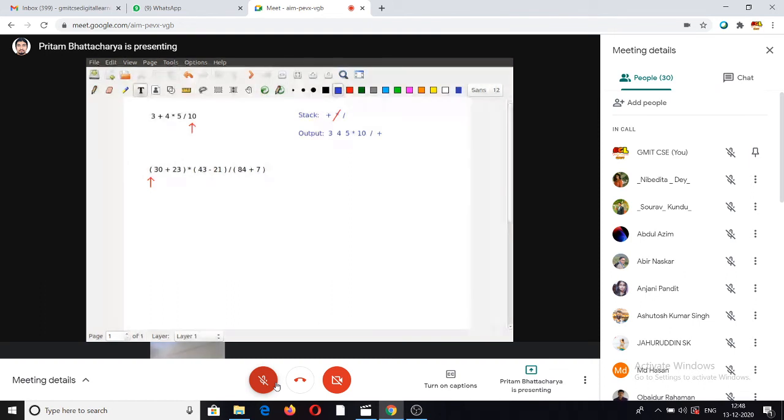So I'm starting with my arrow pointed at the opening bracket.